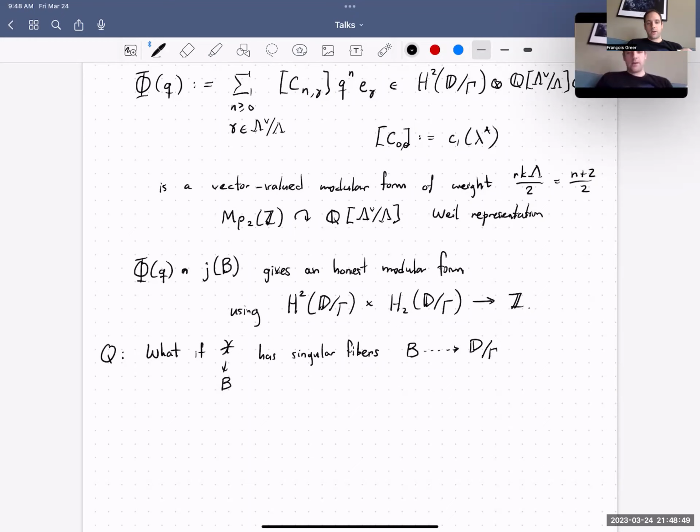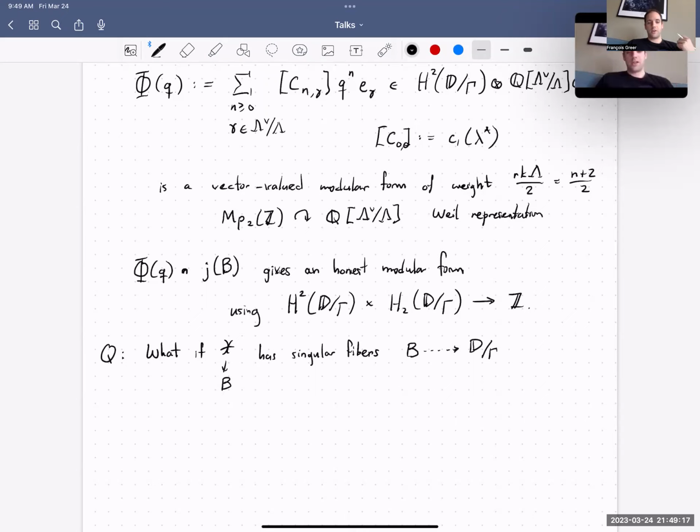If the singular fibers are mild, say ordinary double points, then Hodge structures of these singular K3 surfaces are still pure Hodge structures. That essentially means that you can extend the period map everywhere over all of B. That will be the case if you can take a general pencil of quartic surfaces, for example. So that's not a very serious problem, but there are examples where the singular fibers are worse than just having ordinary double points.